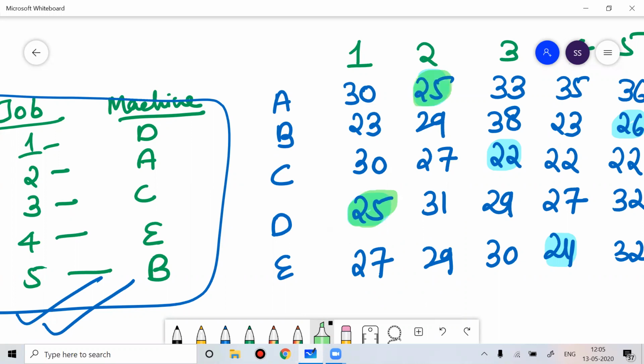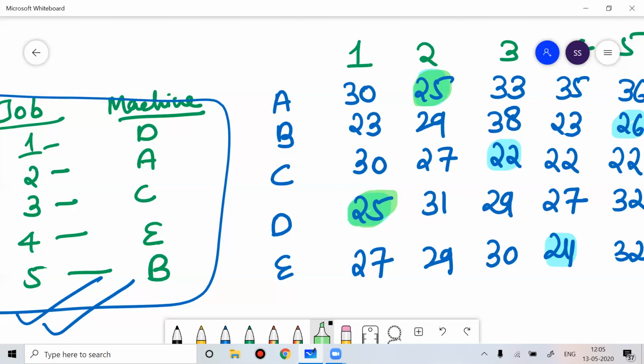To work on machine D with job 1, you require 25 rupees. To work on machine A with job 2, you require 25 rupees. That is a coincidence. There is no correlation between them. So please do not get confused on that part.